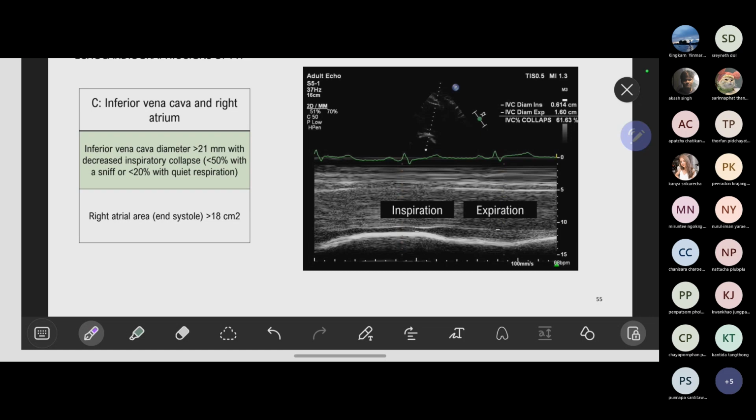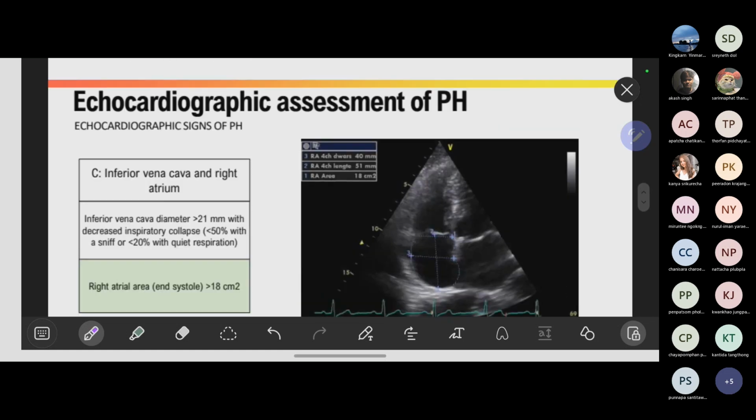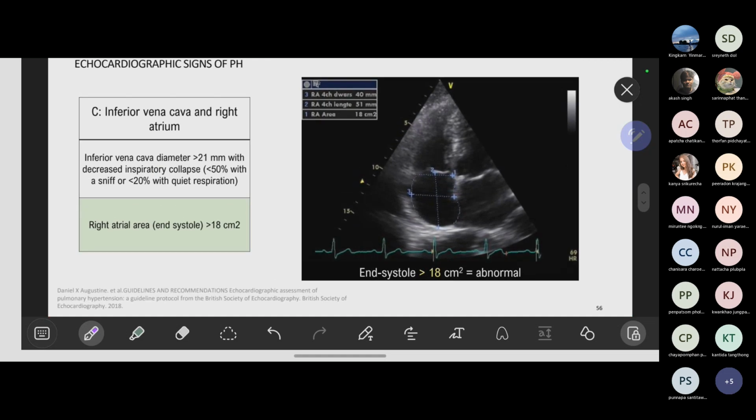If IVC collapsibility is less than 50%, it is considered abnormal mean pulmonary artery pressure. Next, echocardiographic size of right atrial pressure, which is measured by tracing the RA area from the apical four-chamber view.